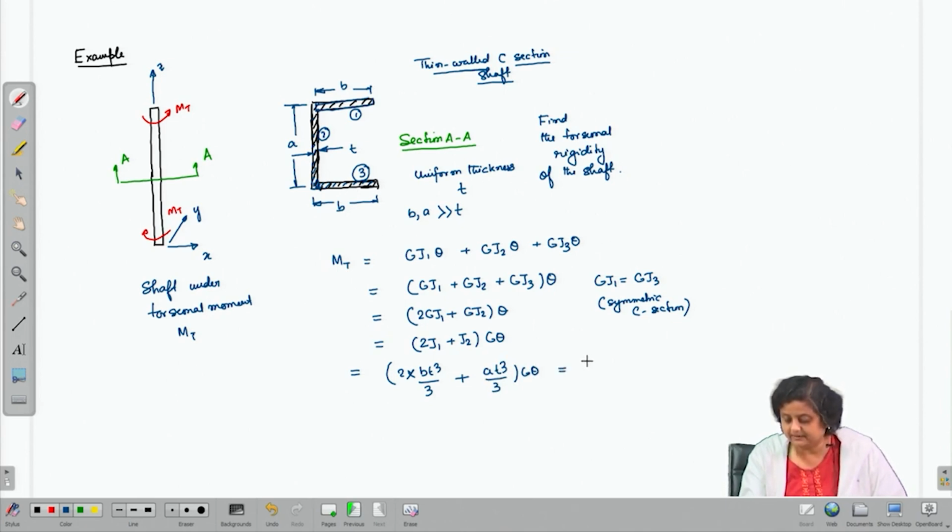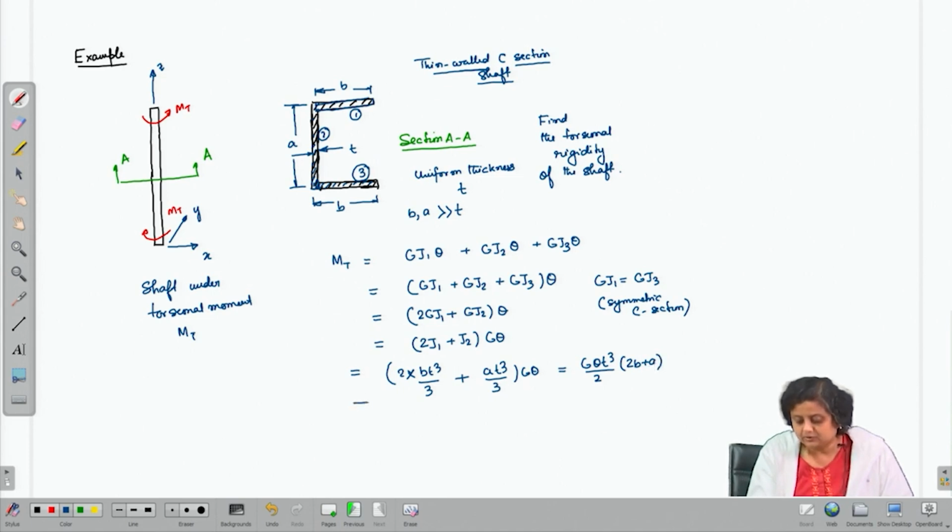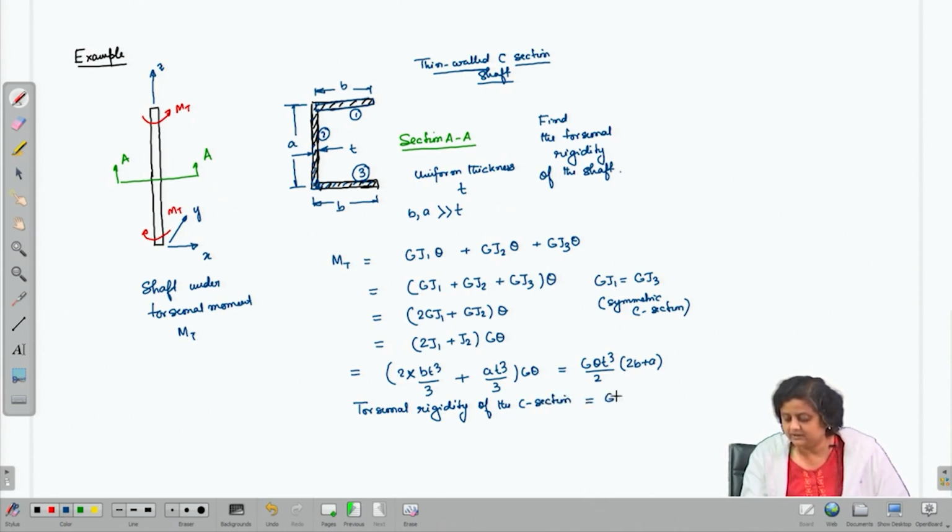Therefore, this can be written as G theta T cube by 3 into 2B plus A. Therefore, the torsional rigidity of this C section can be written as G into 2B plus A times T cube by 3.